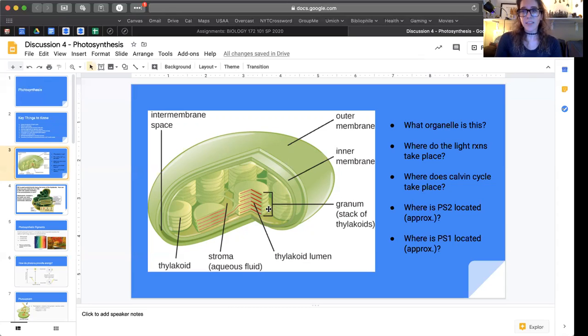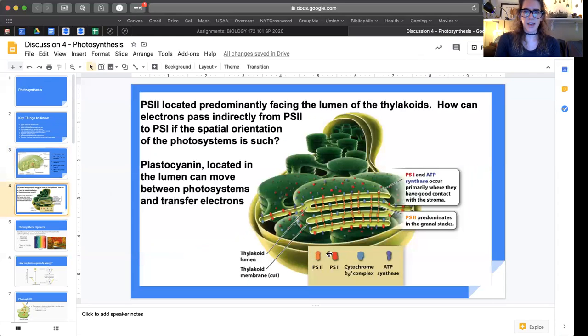The photosystem 1s, however, are shuttling their products directly into the Calvin cycle, so they need to be able to push them into the stroma. So they're going to be located more on the ends here. And we can see that in this picture, where the orange is photosystem 2 and the reds are photosystem 1. You can see that these are located more on the outsides versus the middle.